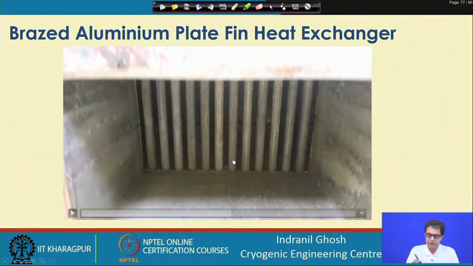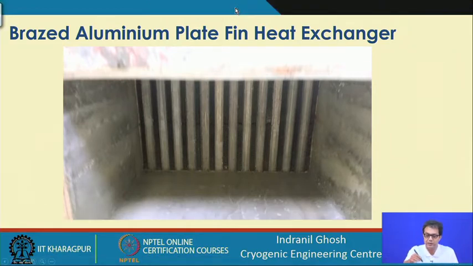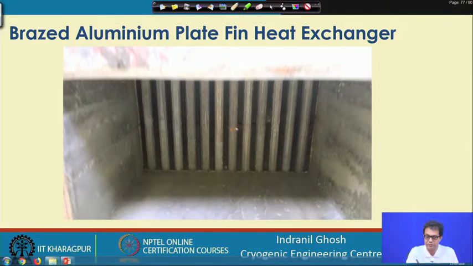Here, as you can understand, this is the sidebar, and we are not able to see this particular area. The fins are located at this point, these are the fins. This channel through which the fluid is flowing, you will find that it is blocked at this end and blocked at this end, so that the fluid is flowing in this direction.